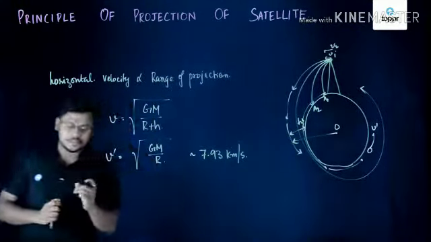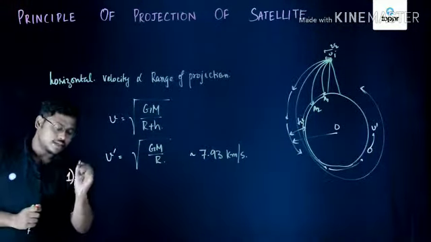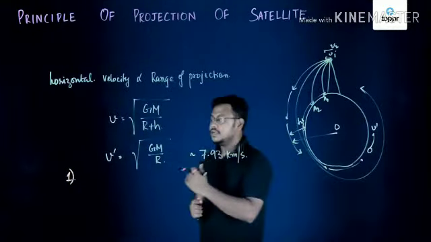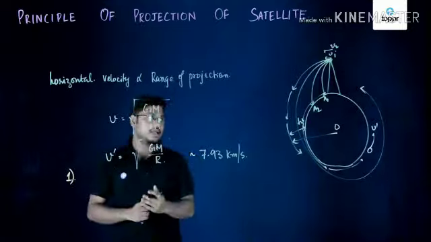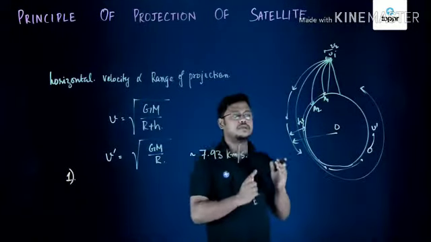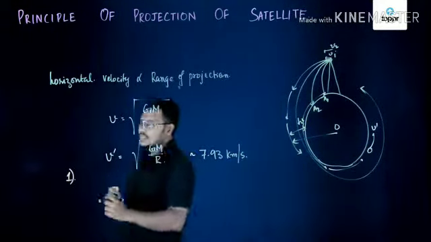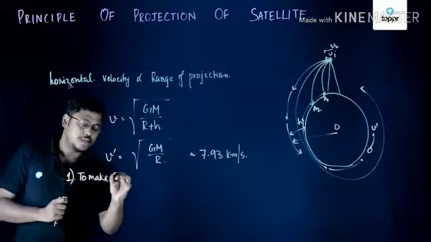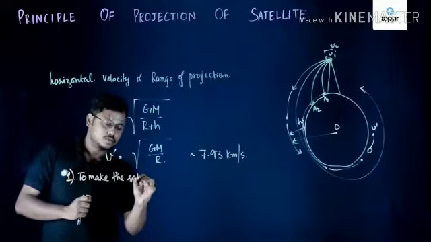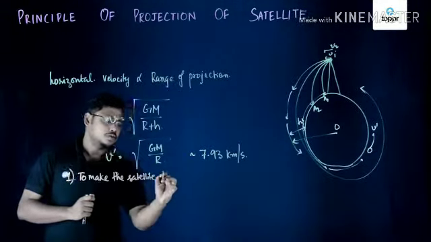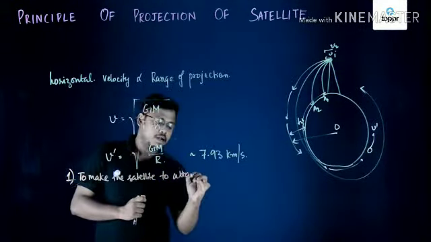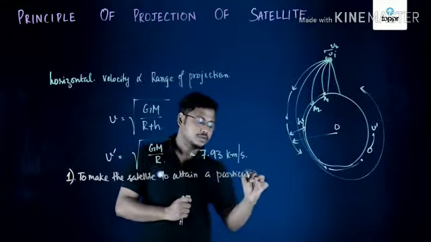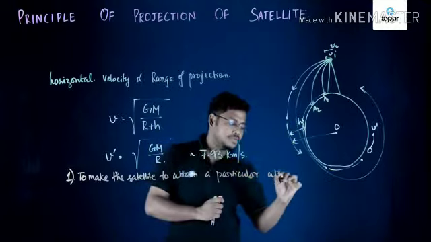These are the two essential velocities that need to be taken care of to make a satellite revolve at a particular distance from the center of the Earth. First is to make the satellite attain a particular altitude.